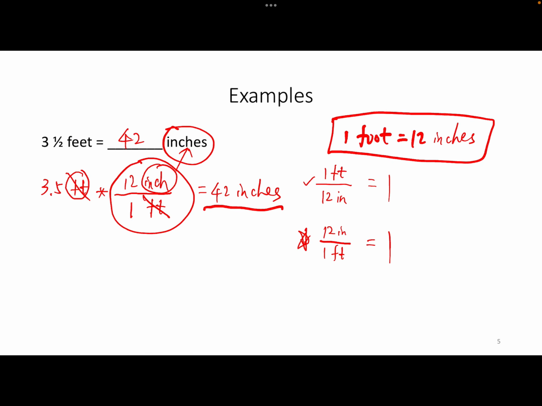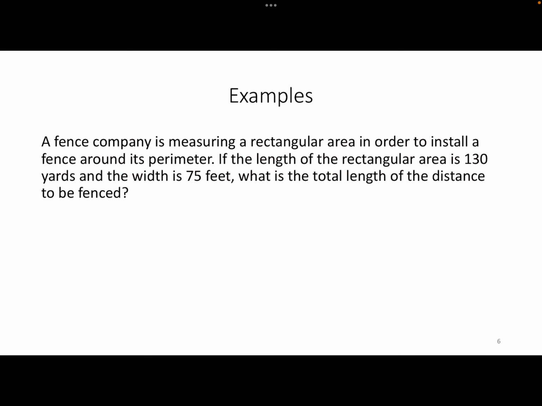Okay, let's do one more. Try another example. A fence company is measuring a rectangular area in order to install a fence around its perimeter. If the length of the rectangular area is 130 yards and the width is 75 feet, what is the total length of the distance to be fenced?